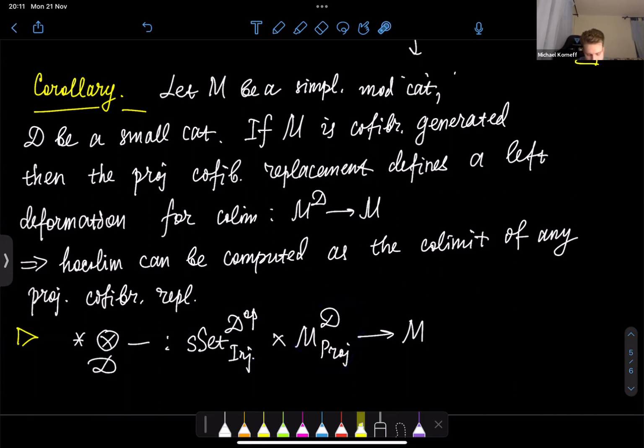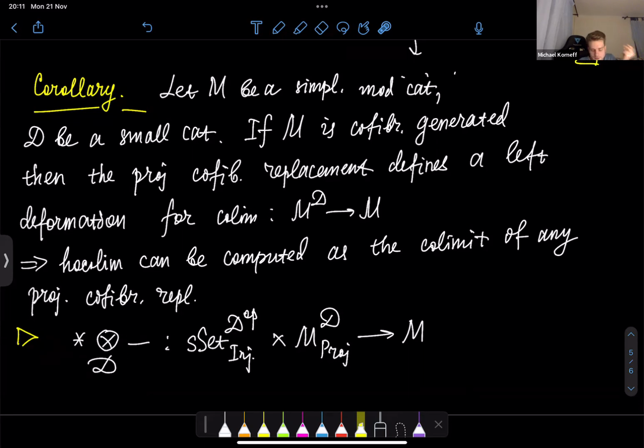So we know that the terminal functor is pointwise cofibrant, of course, because each object of simplicial sets is cofibrant.